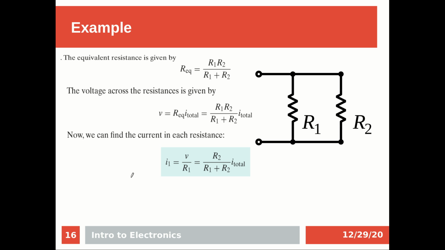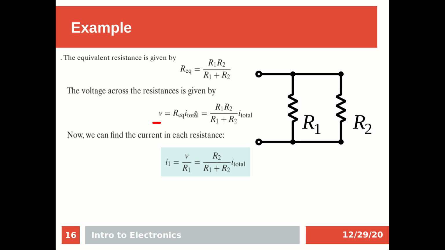Okay, so for example, here we have the equivalent resistor for the two resistors, R1 multiplied by R2 over R1 plus R2. You multiply this by the I total and you get V. This is the V total, and we want the current through R1.